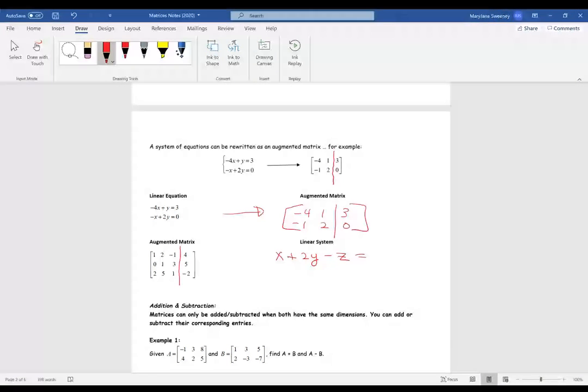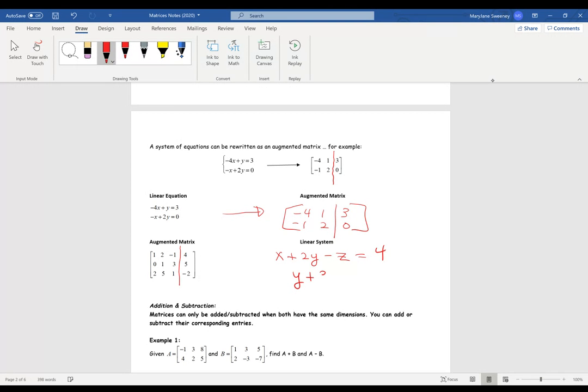You just pay attention to the way the system of equations is written. If the x is first and then a y and then a z and then a w, that's the order you put your matrix in. Then equals 4, and the next row, going across: no x's, 1 y, 3 z's, and then equals 5.